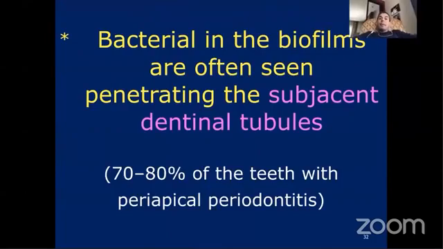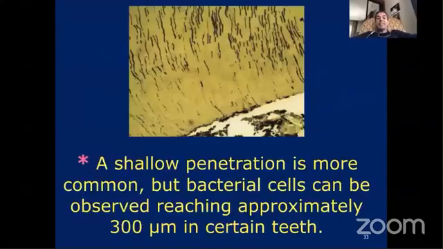The bacteria in the biofilms are often seen penetrating the subjacent dentinal tubules. In 70 to 80% of teeth with periapical periodontitis, we see microorganisms inside the dentinal tubules. This invasion might be shallow or deep.